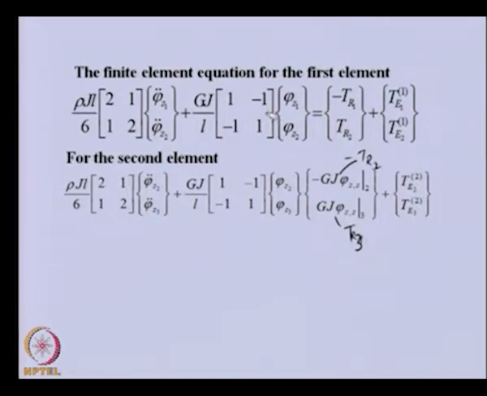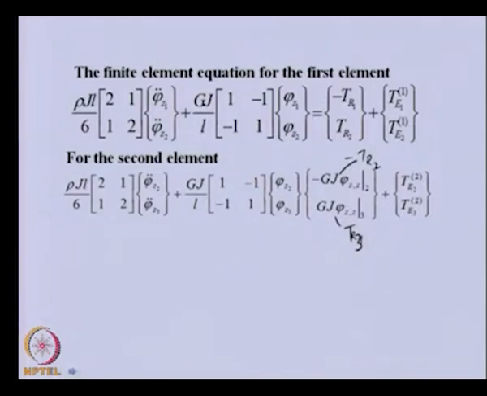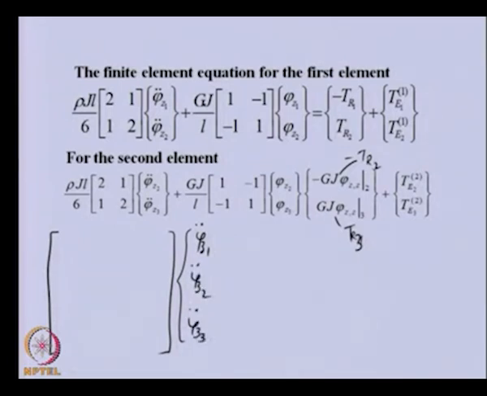Now once we obtain elemental equations 1 and 2, we can combine them into a system equation. So how can we assemble them? Let us see. This is our mass matrix. Now stacking up the vector will be like this, because there are 3 nodes in the system.